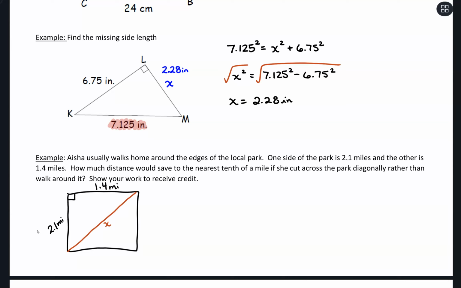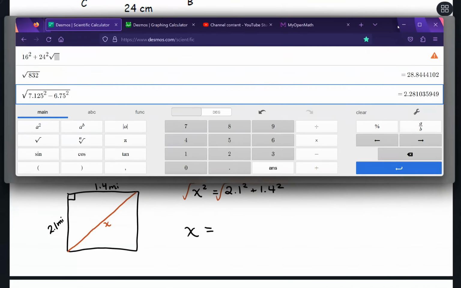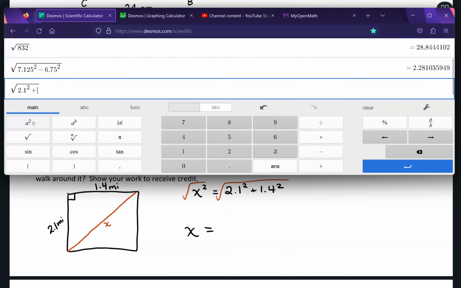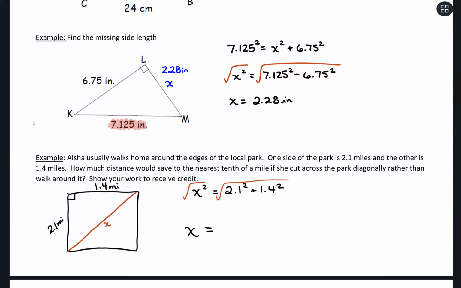So we have our right angle, so we know we have a right triangle, so we can use the Pythagorean theorem, and it will be hypotenuse squared is equal to 2.1 squared plus 1.4 squared, and then we're going to take that square root of both sides so that we're getting x equals, and then we'll go to our calculator, which we would be taking the square root of 2.1 squared plus 1.4 squared, which is 2.52.